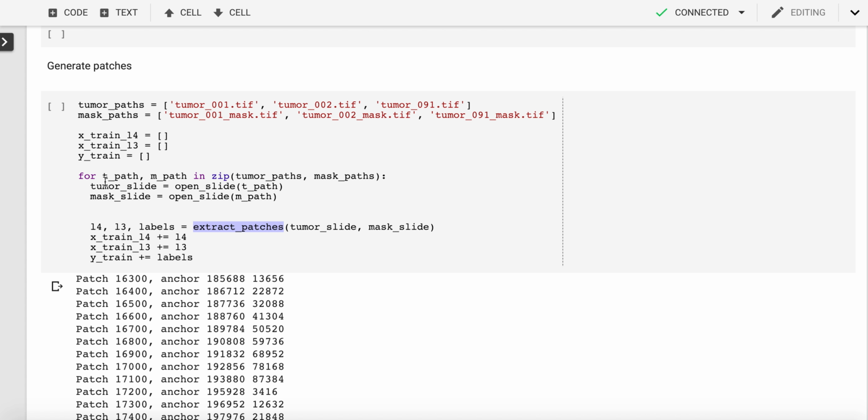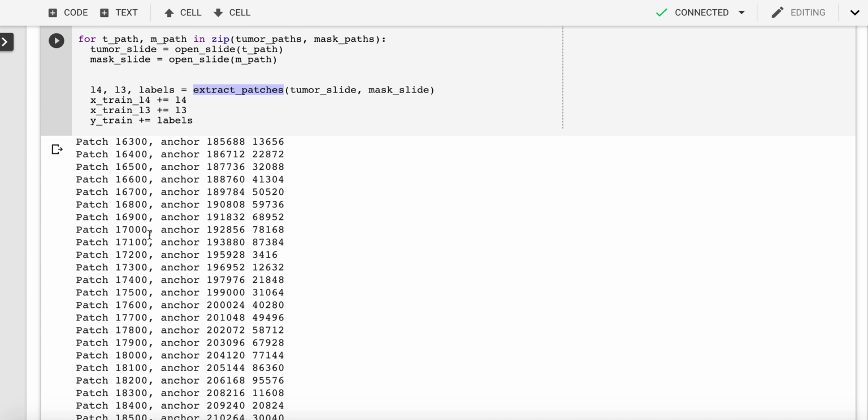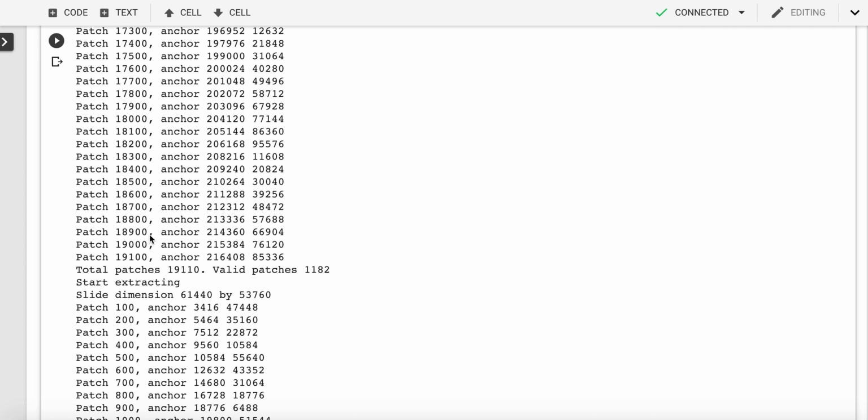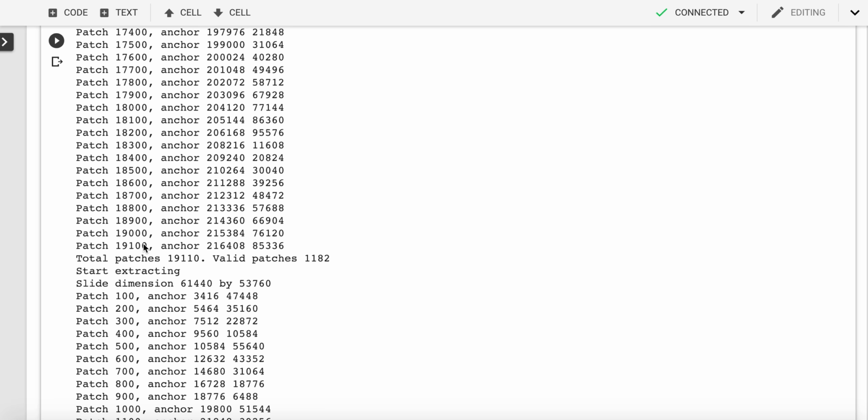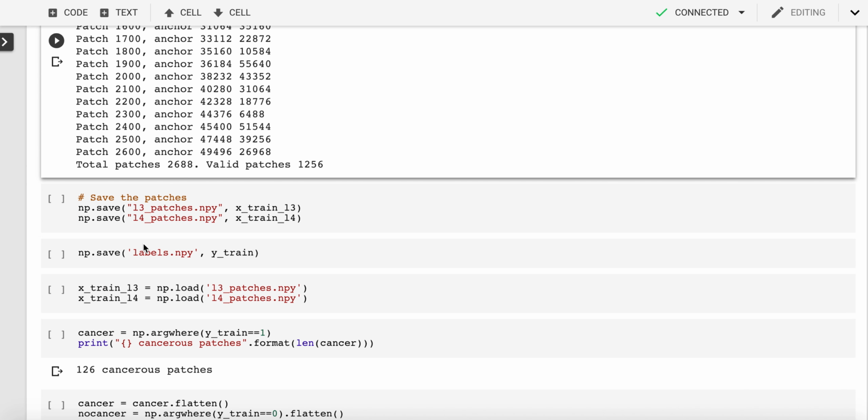We iterate through each slide and call extract patches, which generates the patches and the labels. There are actually a lot of patches, but most of them are invalid, by which I mean they don't contain enough tissue.